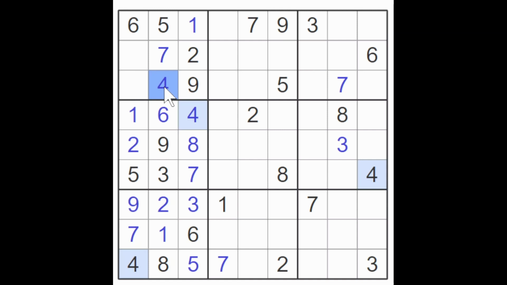And I think that might open up the puzzle completely for us, because now the 4 here blocking these cells and the 4 here blocking these cells, and these two cells being 5 and 9 make this a 4. This is now a 2, 8, and this is now a 2, 8. So these two cells have to be a 2 and an 8.